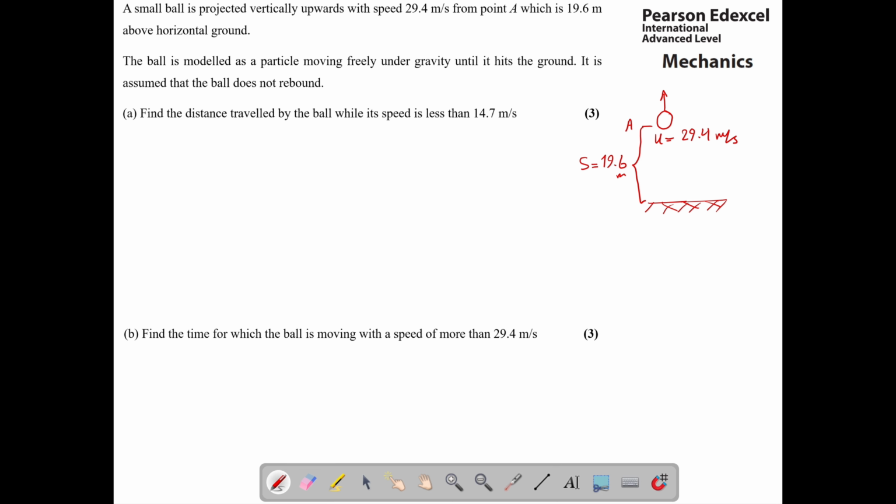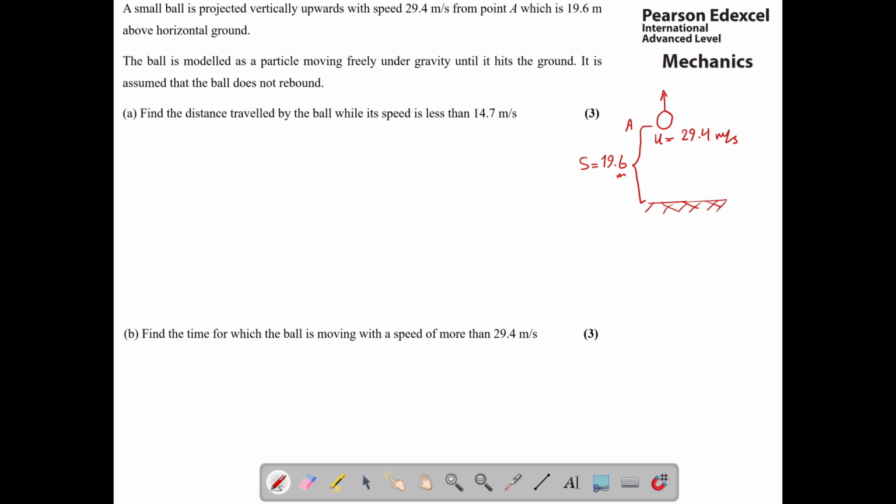Okay. So, initial velocity is 29.4 meters per second. So after a while, the velocity will be 14.7 meters per second.